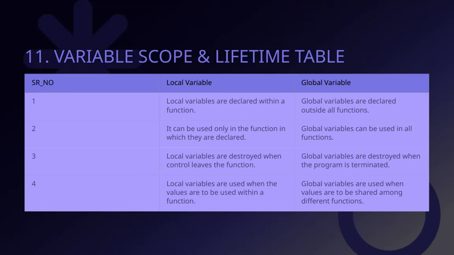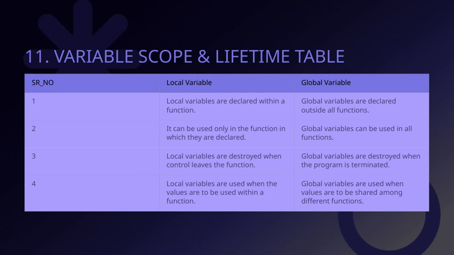Let's take a closer look at this table to understand the differences between local and global variables. First, local variables are declared within a function, which means they only exist and can be accessed inside that particular function. Once the function finishes executing, these local variables are destroyed. This makes them ideal for temporary calculations or data that you don't need beyond that function. On the other hand, global variables are declared outside all functions, making them accessible throughout the entire program.